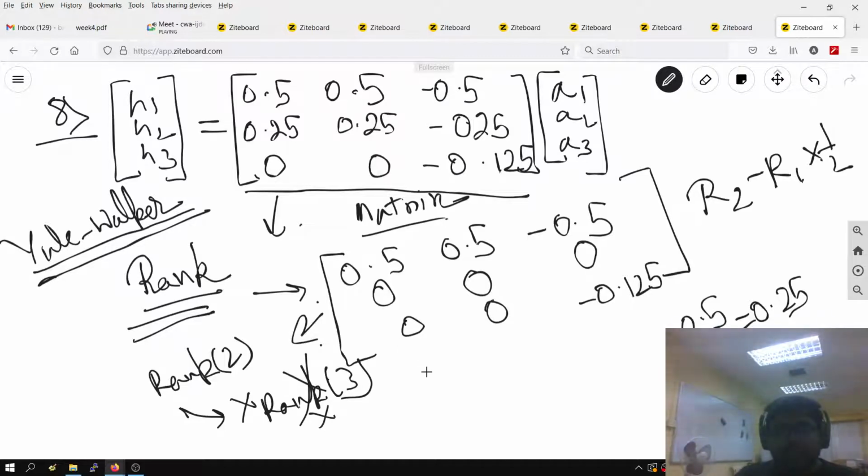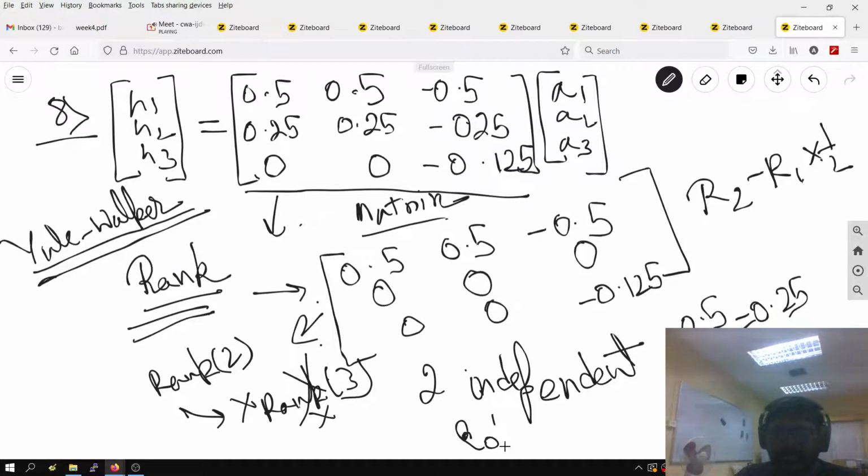So there are only 2 independent columns. As there are only 2 independent columns, we can comment that this polynomial equation has only 2 roots.